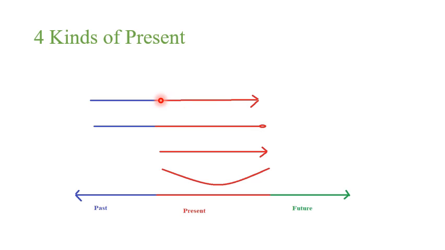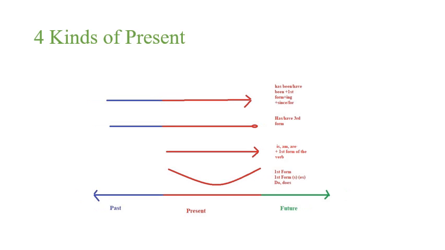The fourth kind of present is the perfect continuous present, in which the action again started in the past, as the blue color suggests, moves into present, as the red color suggests, and as we are talking about it, it continues. It has not come to an end yet.